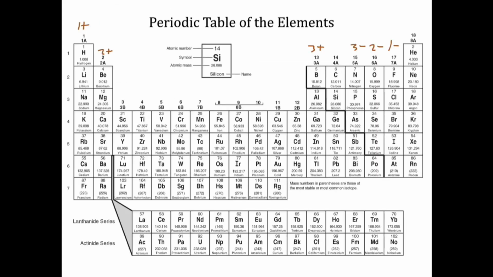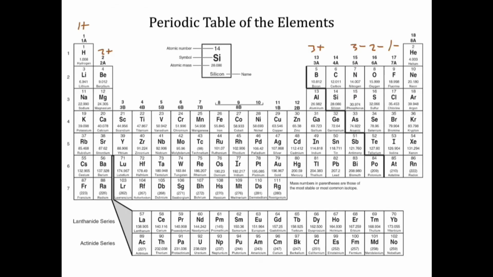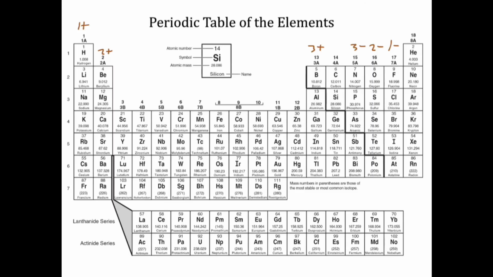And if you look here, the chlorine is making a 1 negative. Now potassium is right here, makes a 1 positive. Sulfide is right here, makes a 2 negative.